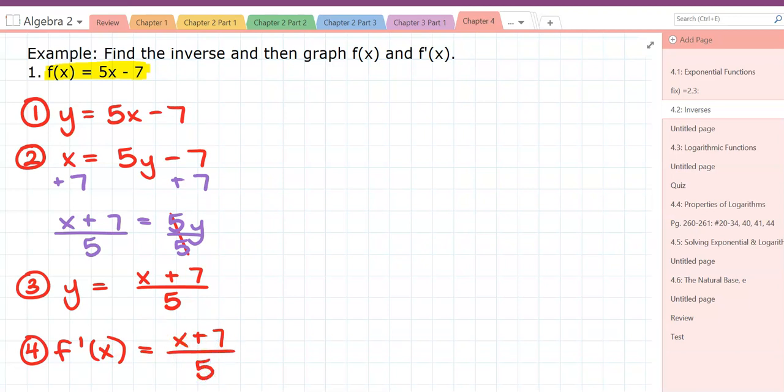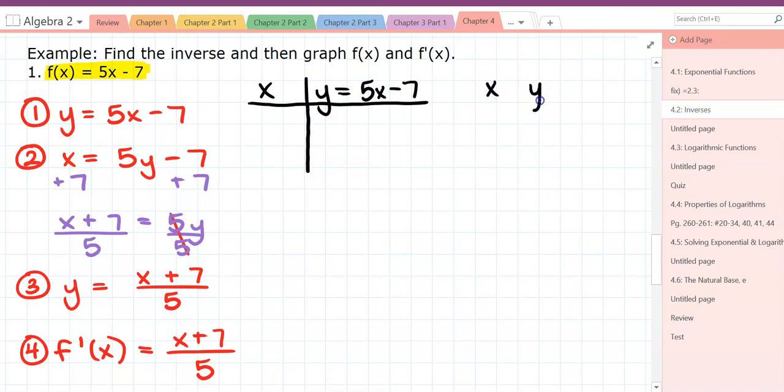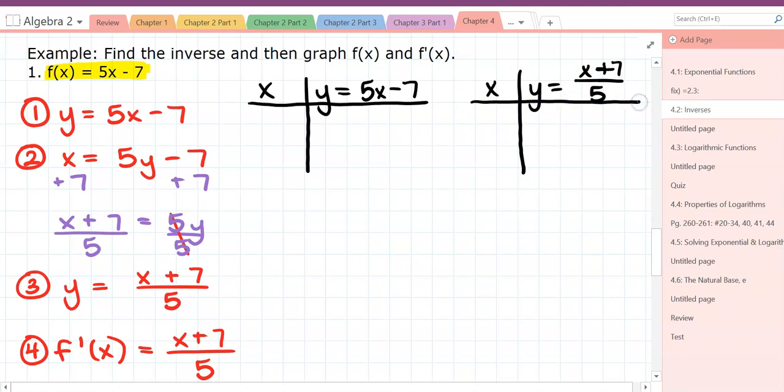Now we do still need to graph these, so I'm going to make my two xy charts again. Okay, now if you thought to yourself, oh, that has a fraction in it, I really don't want to deal with that, you don't have to.